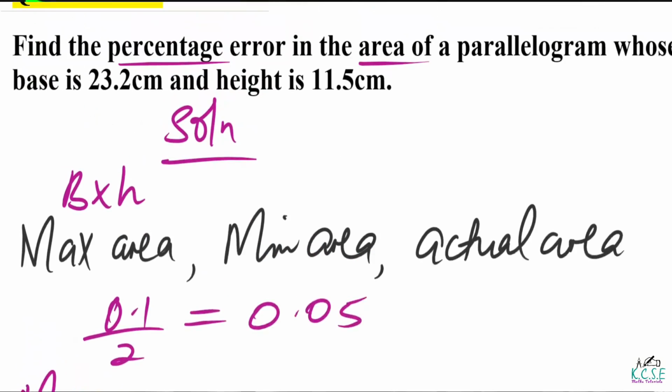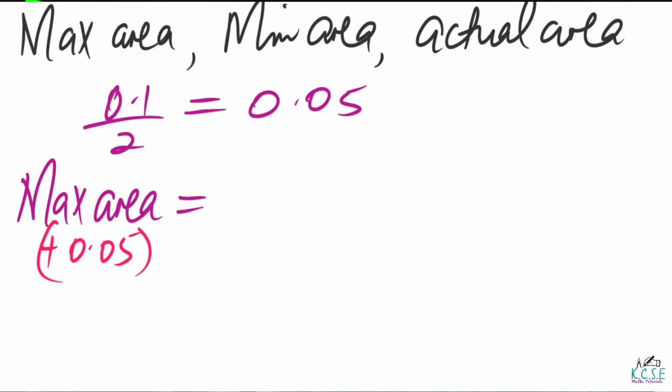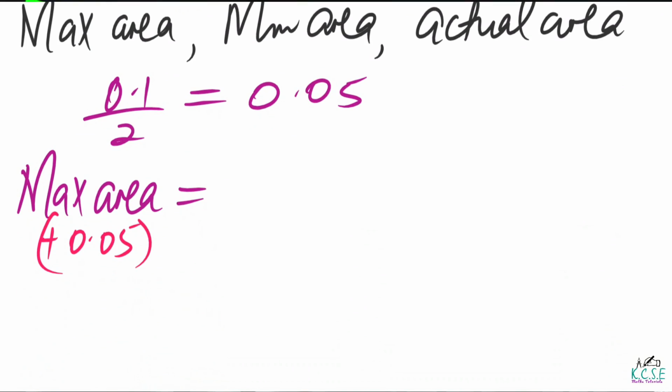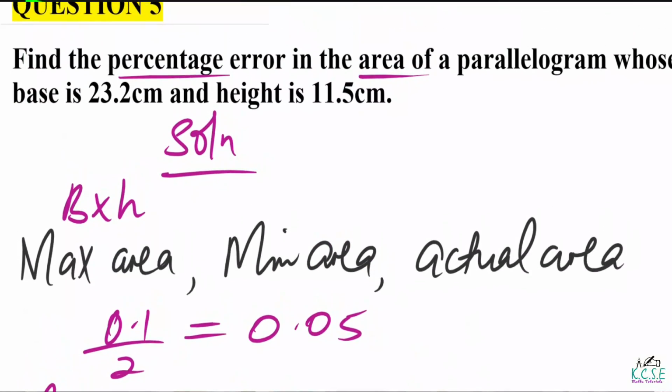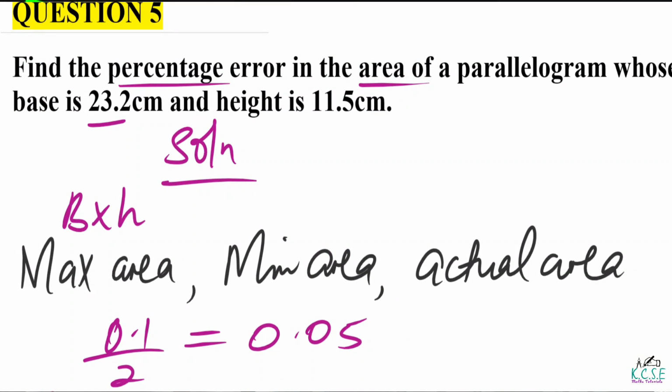So 23.2 plus 0.05 gives 23.25, multiplied by 11.5 plus 0.05, which is 11.55.